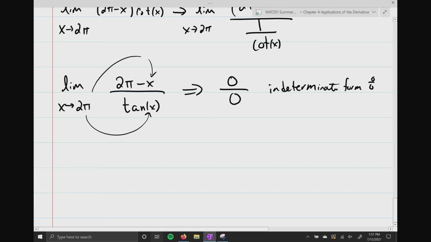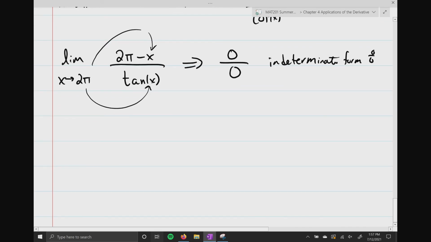But what's nice about this is as long as f and g are differentiable on some open interval, in other words, as long as 2 pi minus x is differentiable and tangent x is differentiable on some open interval, then I can go ahead and apply L'Hopital's rule to this problem. So in this situation, I can totally do that.